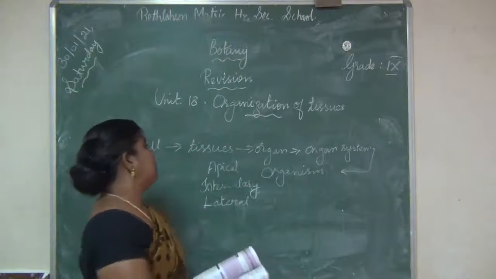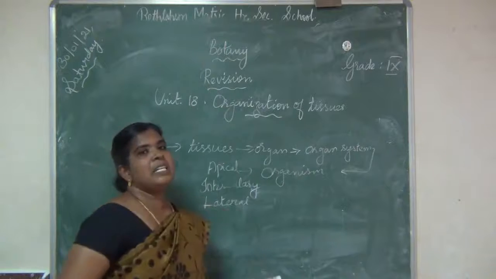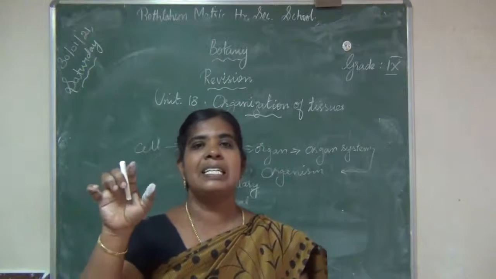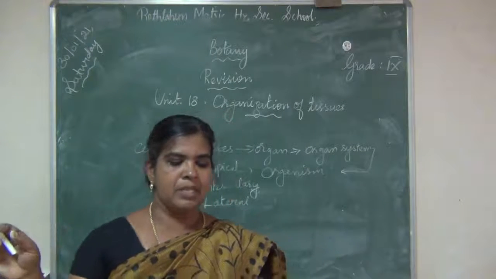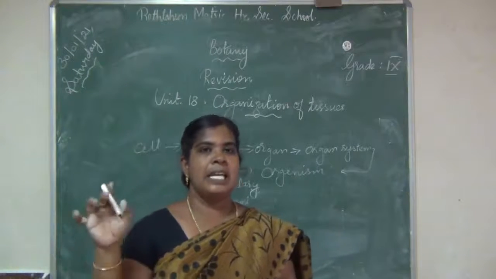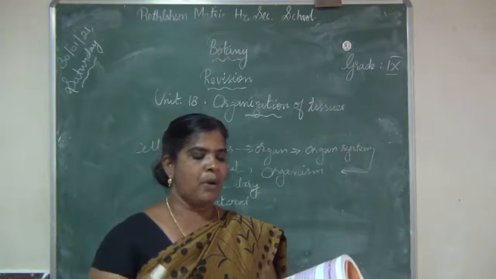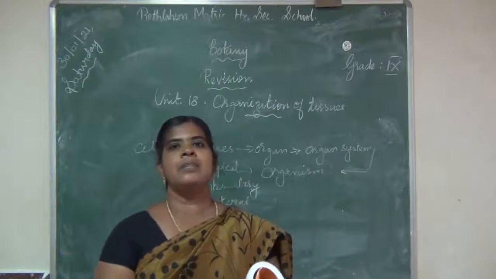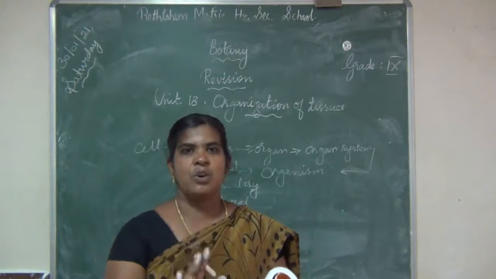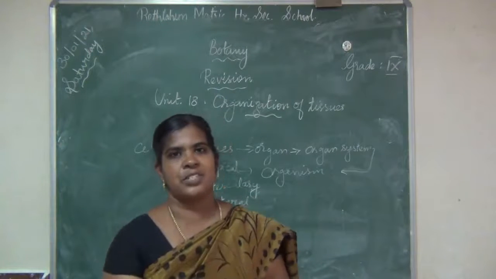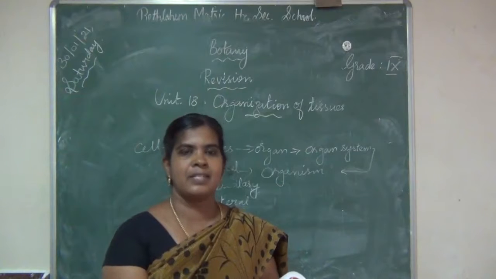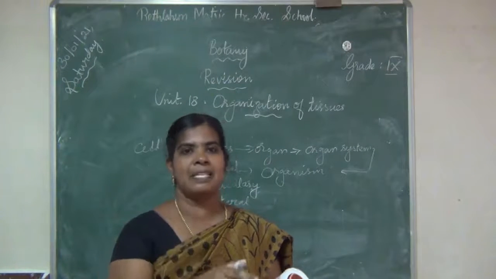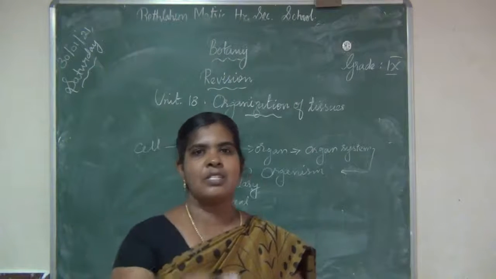So apical meristem, from the word itself we come to know it is present in the apices or at the tips, okay? These are found in the apices or growing points of root and shoot. You must know where it will be and what is the function. This location and function you must know.